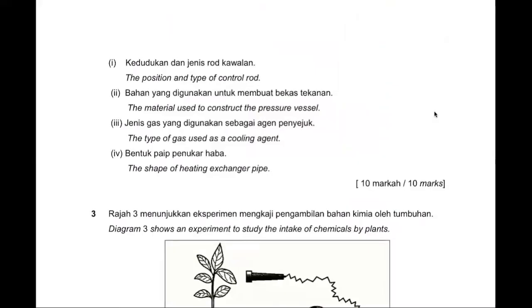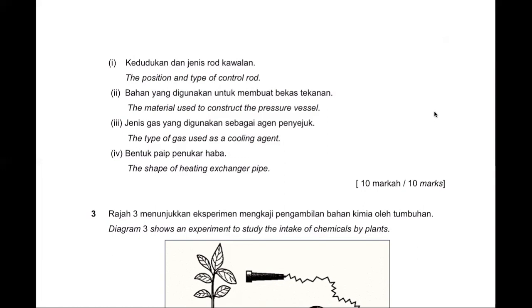You are given 4 aspects here and 10 marks, which means for one of the aspects you can give more than one suggestion so that you will get 10 marks. The position and type of control rod, the material used to construct the pressure vessel, the type of gas used as a cooling agent, and the shape of heat exchanger pipe. So answer in table form. Now I will show you the suggested answer.